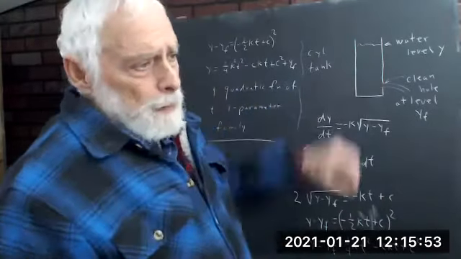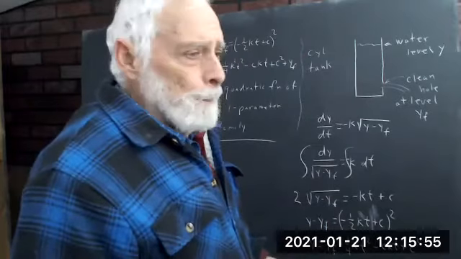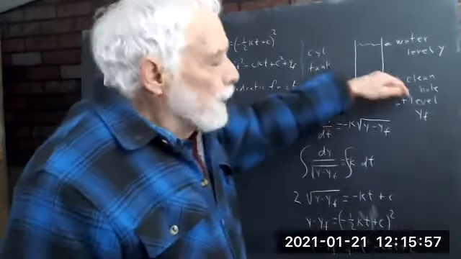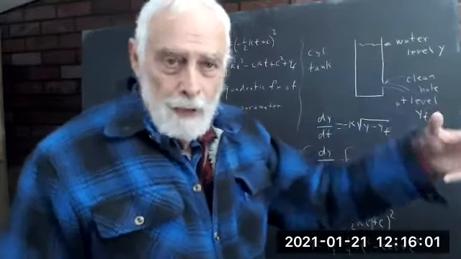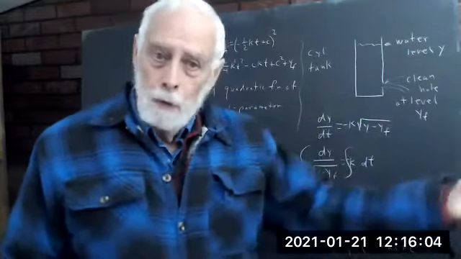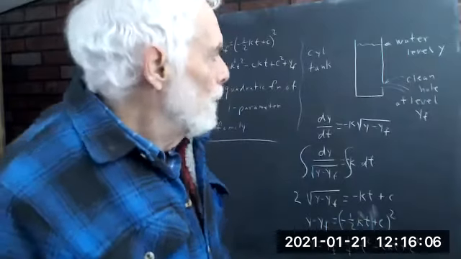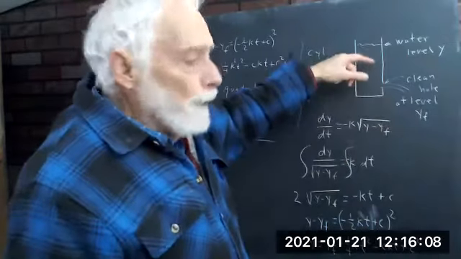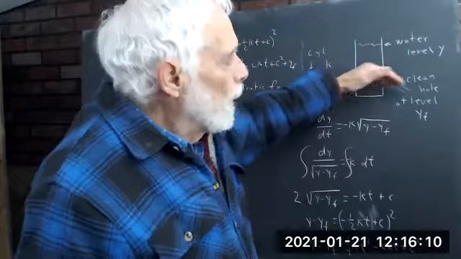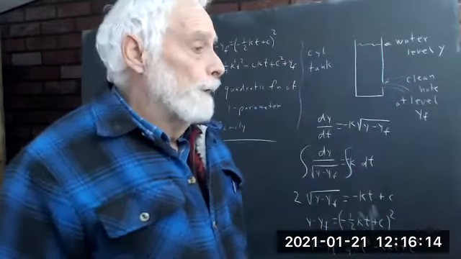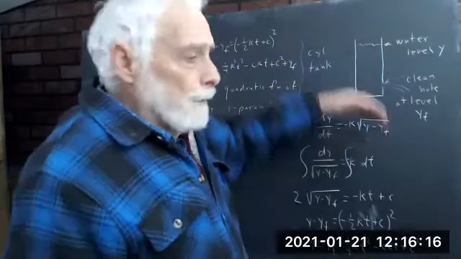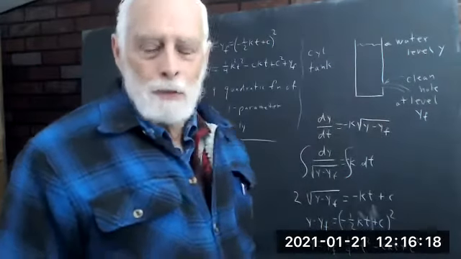The reason I wanted to do this, one reason, is because if this is the source of water flowing into that tank that we did with the mixture problem, and I kind of alluded to that, or if this is the tank and water is flowing out without being pumped just by gravity, then you have a very interesting mixture problem.